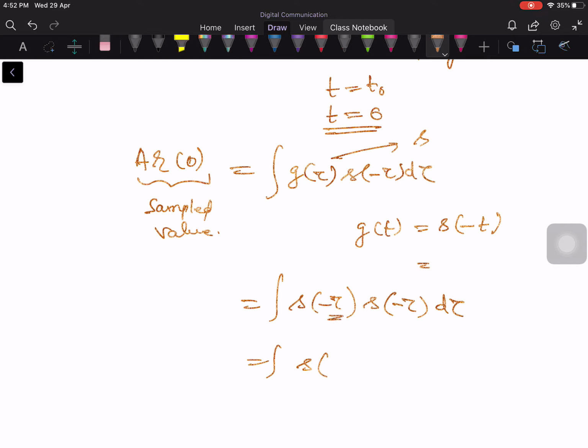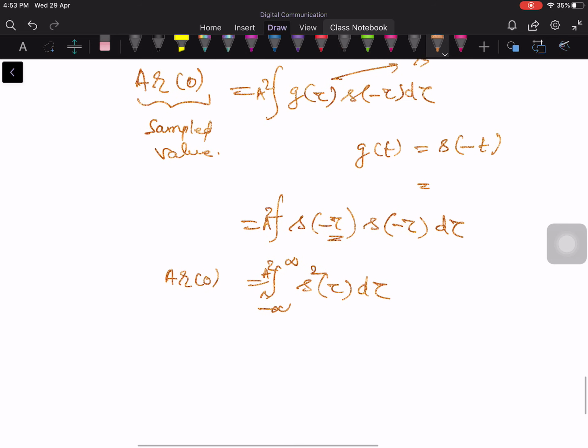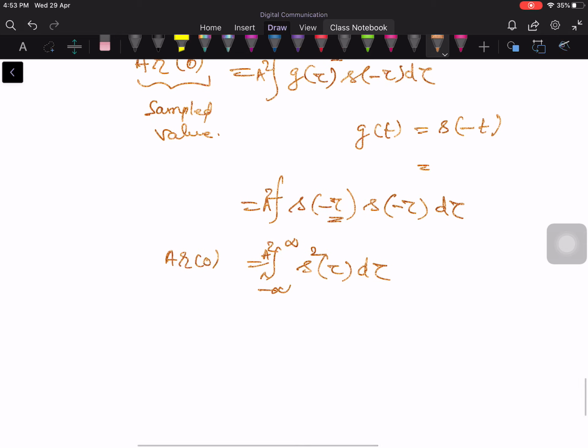So this is the integral from minus infinity to plus infinity of s square(tau) d tau. And what about this A? I forgot here, there is also an A here. So this is A times r(0), the sampled value.